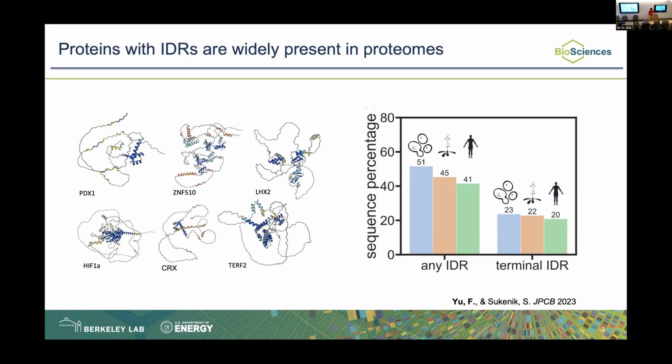So if we search the proteomes across different species, over 40% of the human proteome has at least IDR regions, right? Some of them have extremely long IDR regions that look like spaghetti. So that means for this basic structure prediction task, AlphaFold didn't do well on half of those proteins, but we just pretend we don't know since that's all we can do.